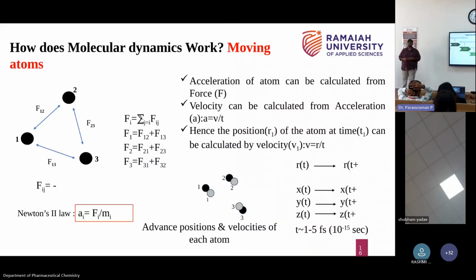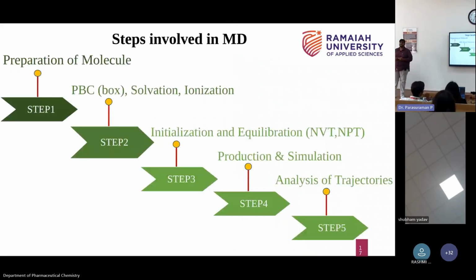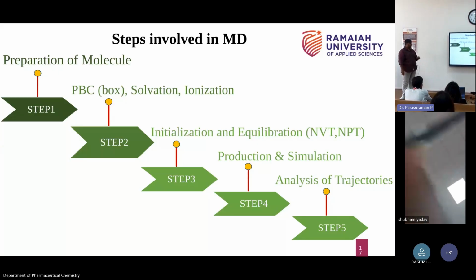Now we will see what steps are generally involved in doing a molecular dynamics simulation. First, we'll be preparing a molecule. For example, if you want to run it for a particular protein, only the protein, not a protein-ligand complex, then we'll prepare the molecule, or take the complex to the particular software and prepare it.